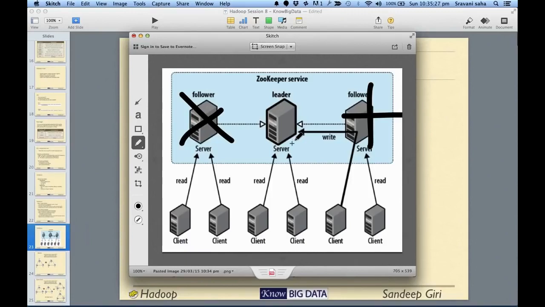More than 50% of the votes should be available, otherwise the leader will step down. Or in case this goes down, the system will not choose this as the leader because the total number of votes available right now is less than 50%.